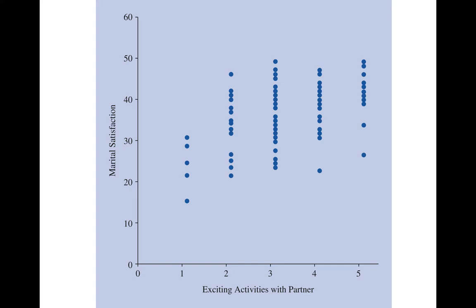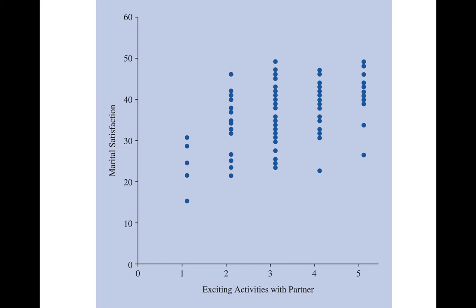The x variable is the number of exciting activities that are done with a partner, and I assume that this is over, say, like a weekly period. And then the y-axis is marital satisfaction, and we can assume that higher numbers mean more marital satisfaction.